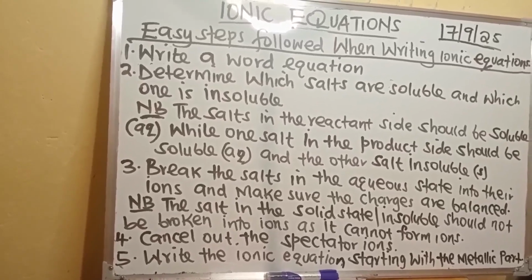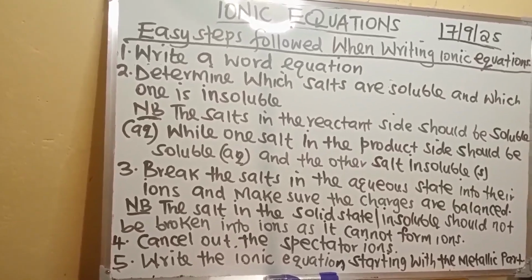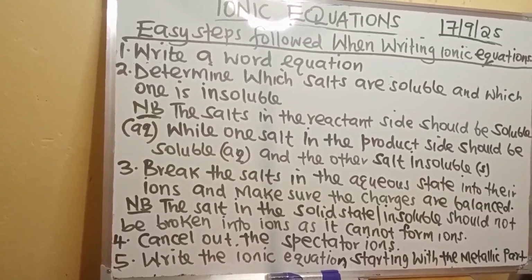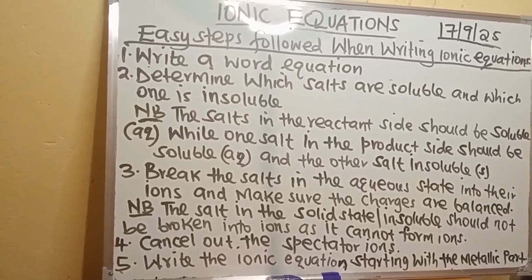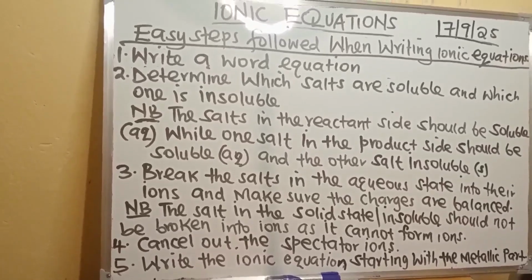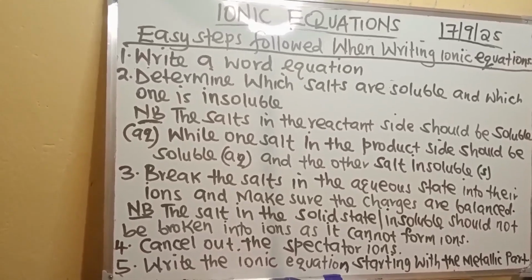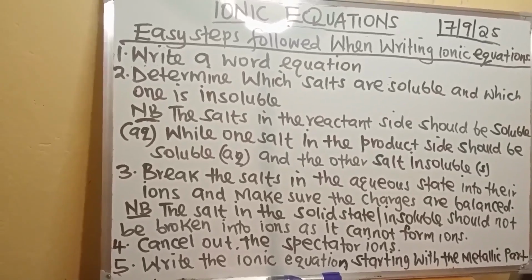In case we had an equation that had some substances in the gaseous state or in the liquid state, they could not also be broken down. They are supposed to be left just the way they are in their gaseous or liquid state. So the only ones that can be broken are strictly those that are in the aqueous state.